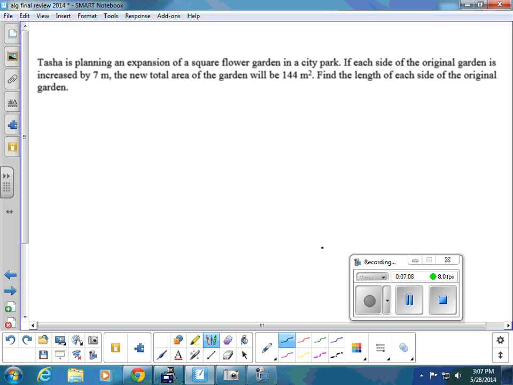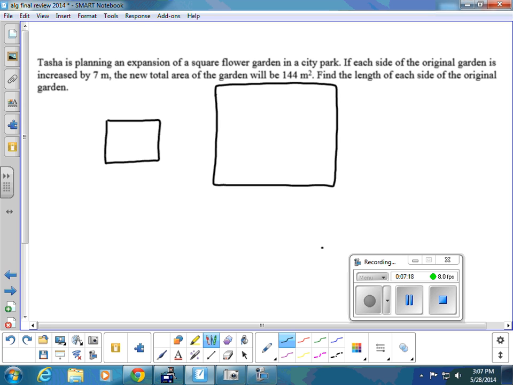Now, we've seen this question before. We start off with the original garden, which is a square, and you're going to increase it to a larger garden by adding 7 meters to it. So if this is the original garden, the new garden would be 7 meters longer and wider.